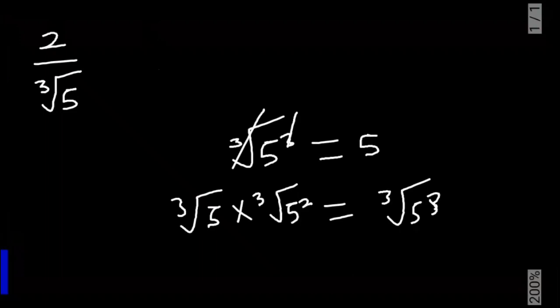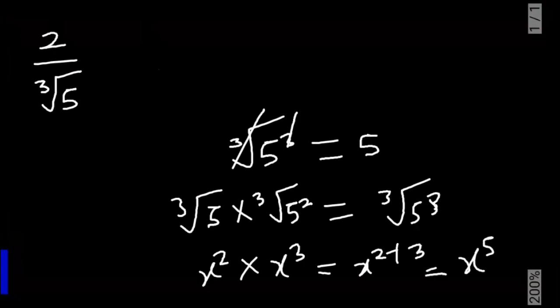You were taught in basics that once you have x squared multiplied by x cubed, you add the powers, 2 plus 3, and you have x raised to the power 5. So here we have 5 raised to the power 1 multiplied by 5 raised to the power 2, we would have 5 raised to the power 1 plus 2, which is 5 raised to the power 3.